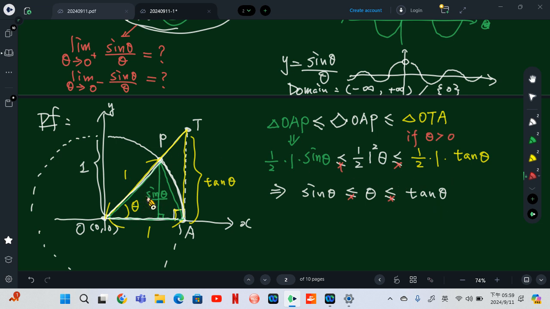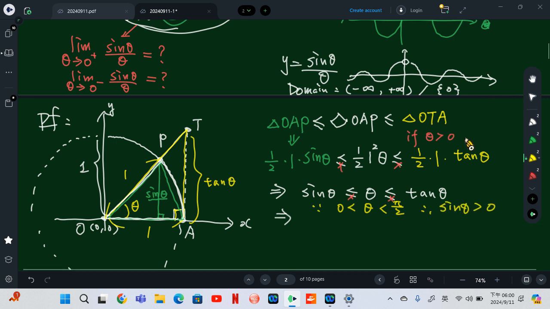So right now we just focus on theta approaching 0 plus. Then we have this result. Then we can continue to simplify it, since theta is larger than 0 but less than 1/2 pi. So sine theta is a positive number.